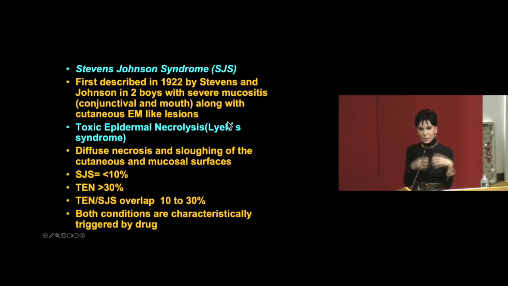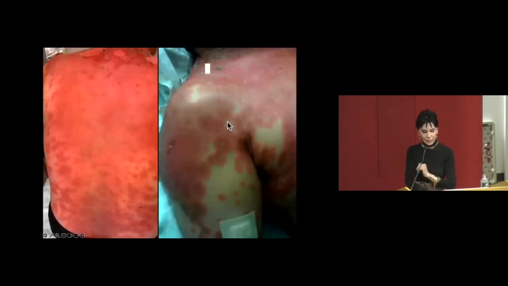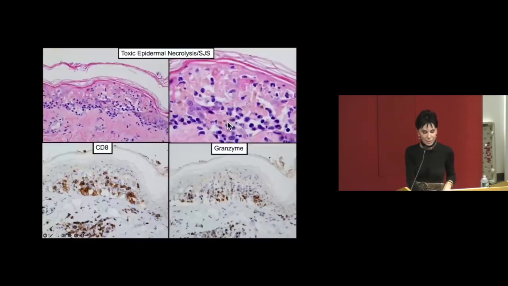And as opposed to erythema multiforme minor, which I showed you, where you can have a microbial pathogen as the typical trigger, in this severe cytotoxic CD8 reaction, the classic trigger is a drug. So here we have a patient who has toxic epidermal necrolysis, where you have this very striking sloughing of a significant part of the body surface skin.